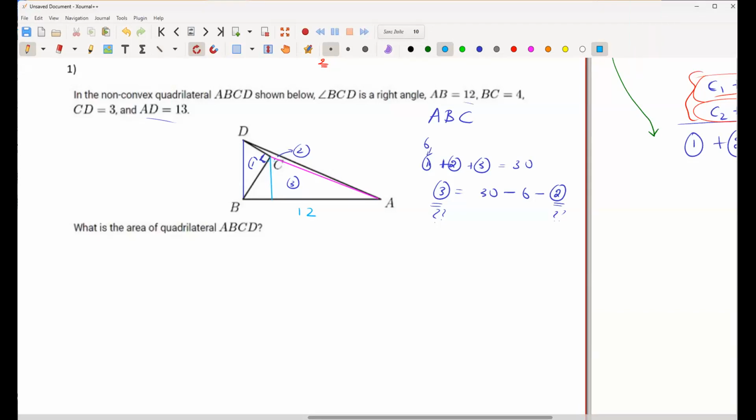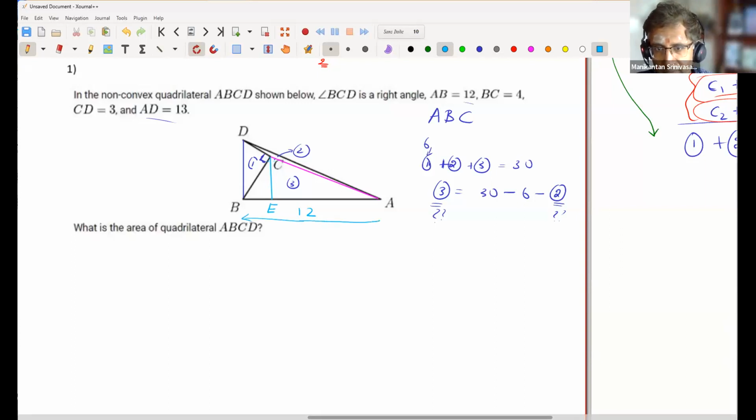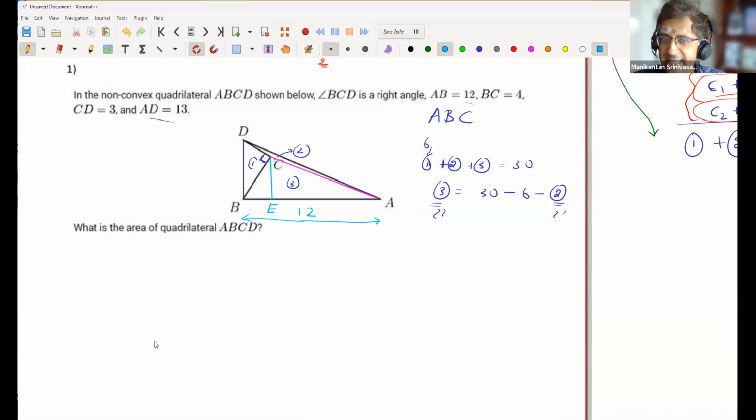So wait, one second. Let me label this point as E. The 12 is from here to here. Okay, any way to find CE, guys?